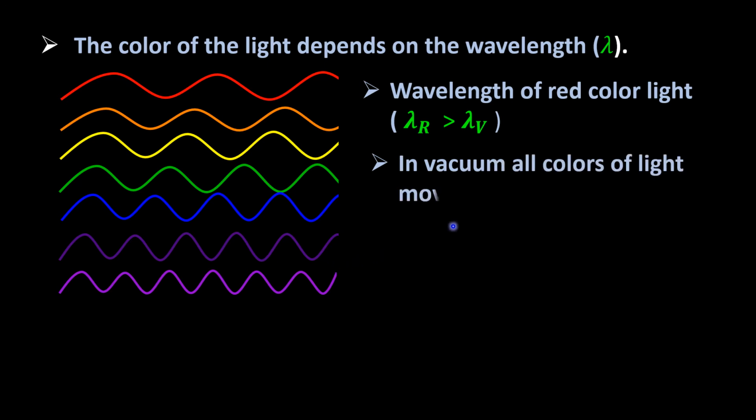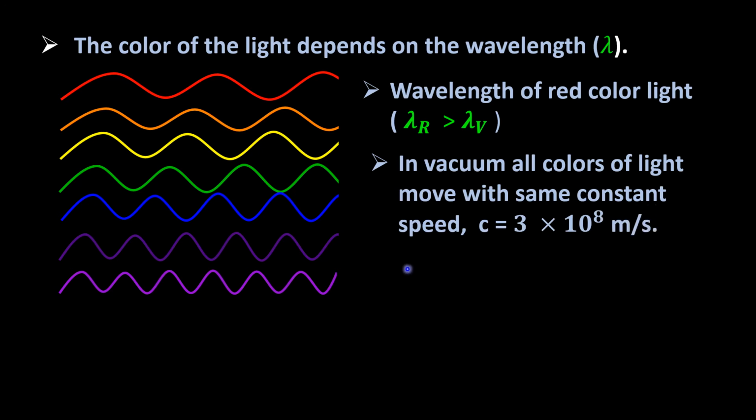In vacuum, all colors of light move with the same constant speed. That is, the speed of light c equals 3 × 10^8 meters per second. Remember, in vacuum or in a material, the wavelength never changes.